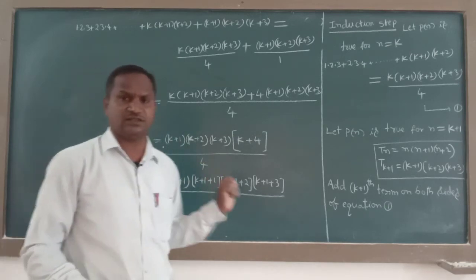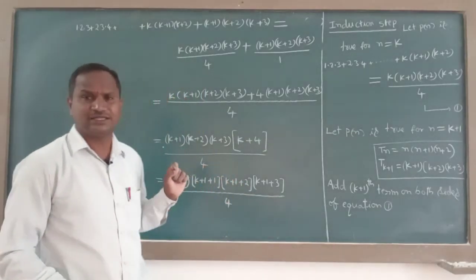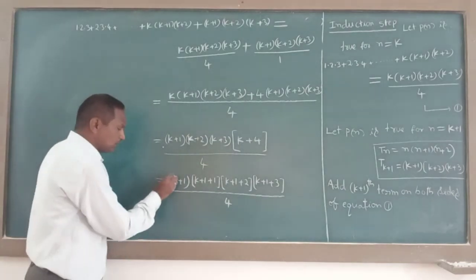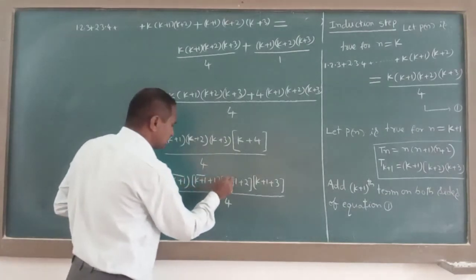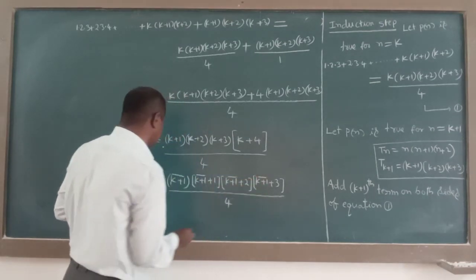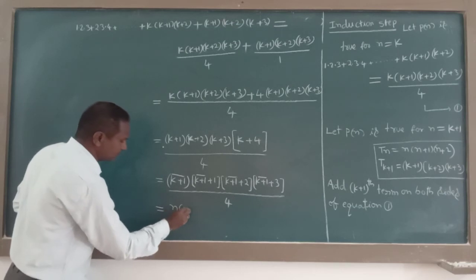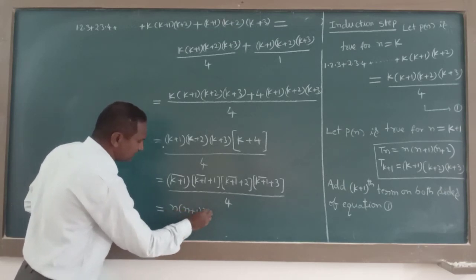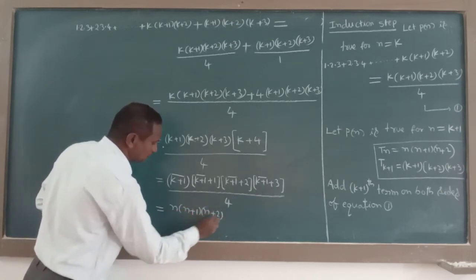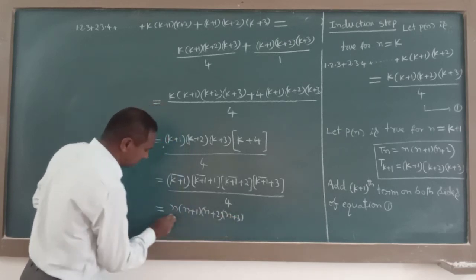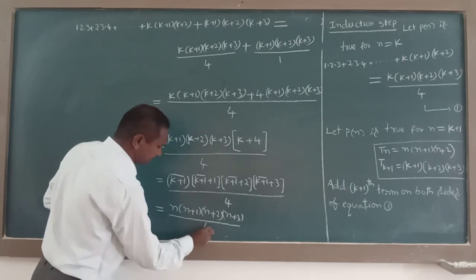Whenever you see that k plus 1 term, you should put a small bar on it. This always indicates the n term, which is equal to n into n plus 1 into n plus 2 into n plus 3, whole divided by 4 here.